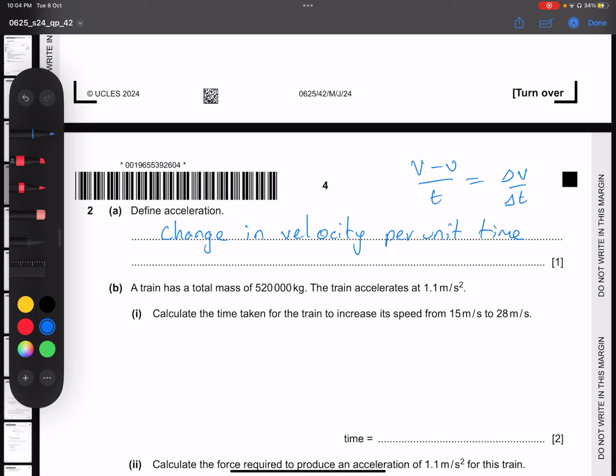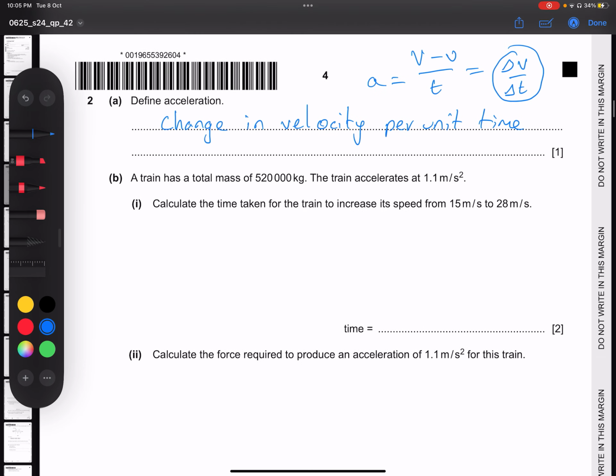Since anything per unit time is also a rate, you can also say rate of change of velocity, or you can just give this equation a is equal to delta v by delta t, and they'll still give you the mark. But I would suggest this since it's the more refined answer, I would say.